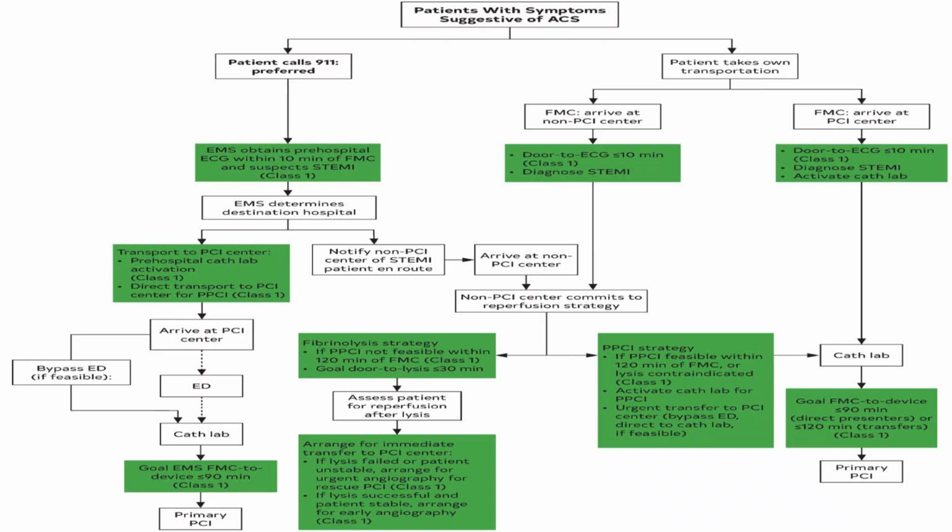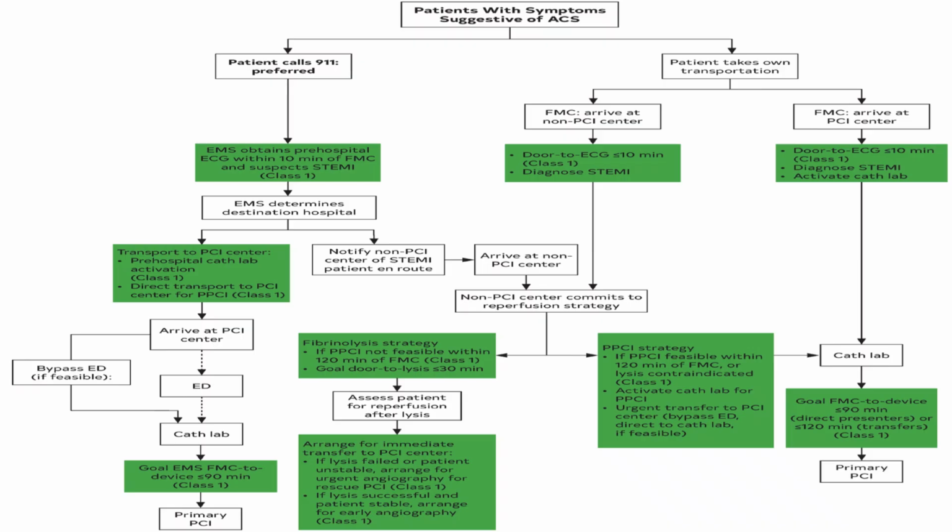Then if patient calls 911, which is the preferred route, EMS will obtain the pre-hospital ECG within 10 minutes and suspect ST elevation MI. Based on that, they can determine the destination of the hospital. They can transport to a PCI center, so they can request activation of cath lab.